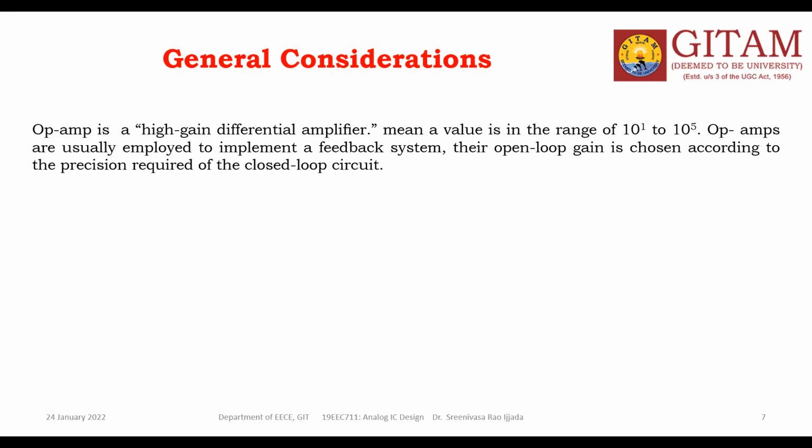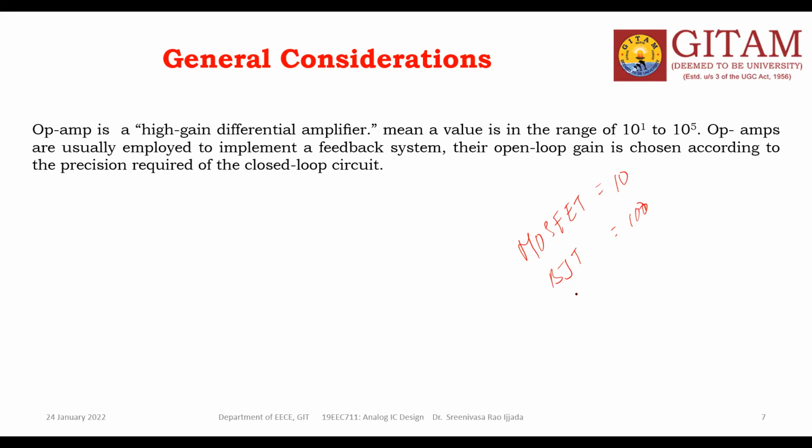If you take the MOSFET, how much gain will you get? Can you tell me? MOSFET gain, and BJT gain. In a MOSFET, you will get gain in the tens only. In a BJT, you will get hundreds of gain.